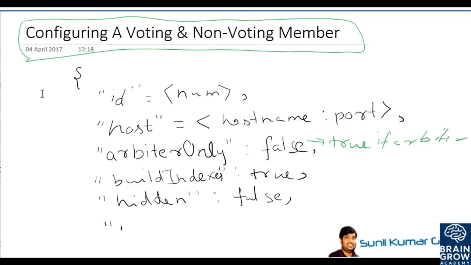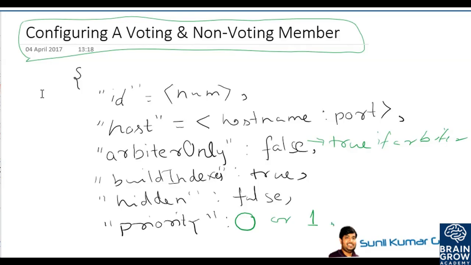Now comes the priority. This priority is important in making a member non-voting or voting. If it is set to 0, it will be a non-voting member, or you can set it to 1.